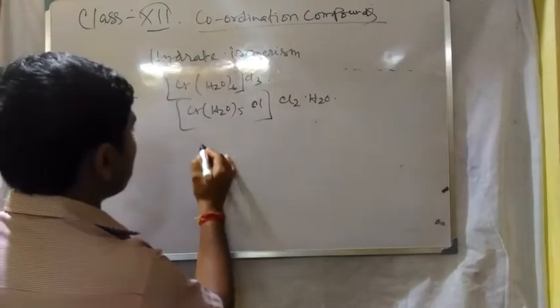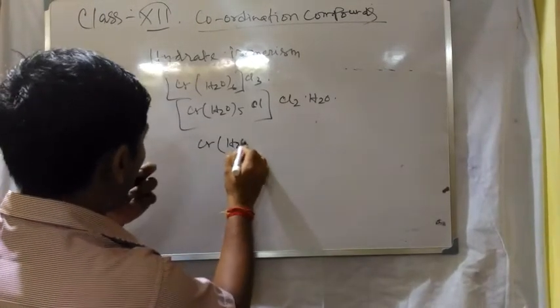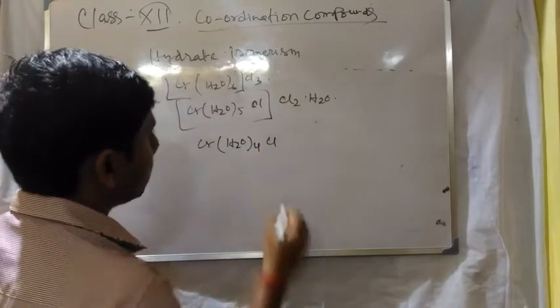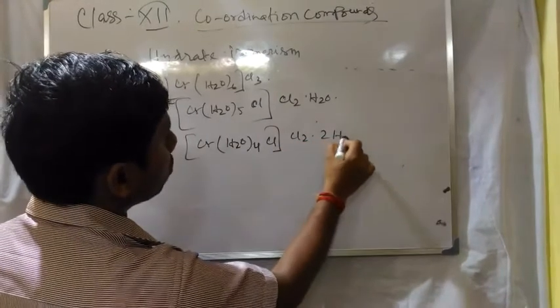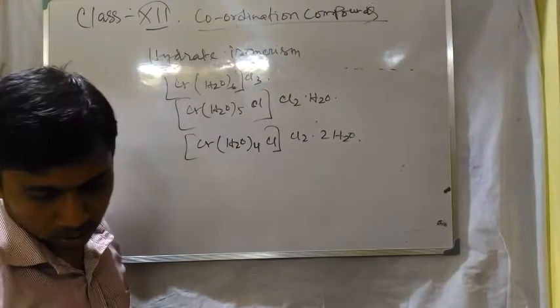Another example of such kind is [Cr(H2O)4Cl2]Cl·2H2O.